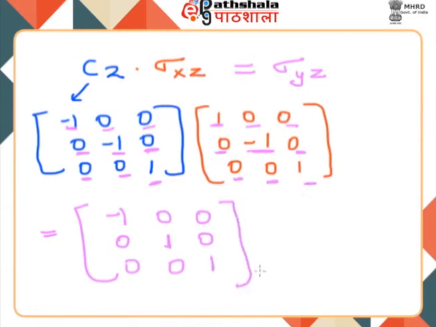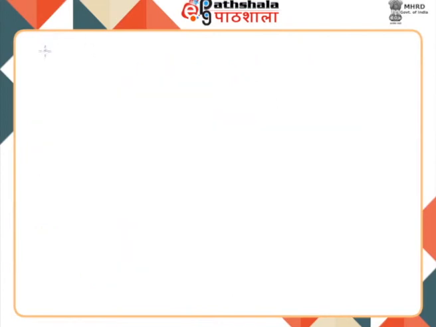And what you can see here is this is nothing but the sigma yz operation. So what we can say is, on applying C2 operation followed by sigma xz operation, we get a configuration which is equivalent to sigma yz.